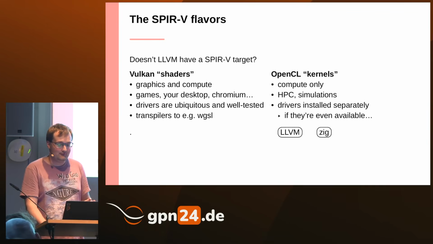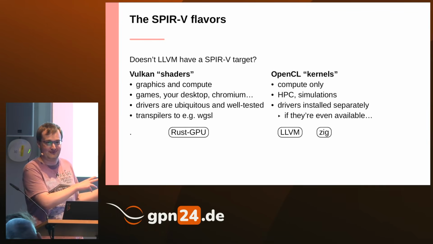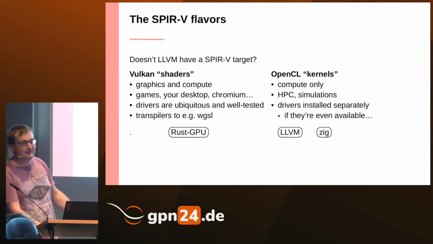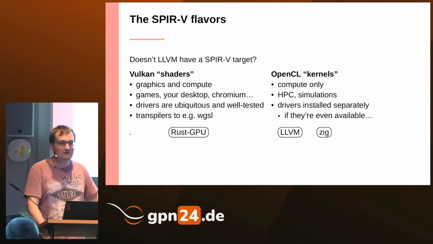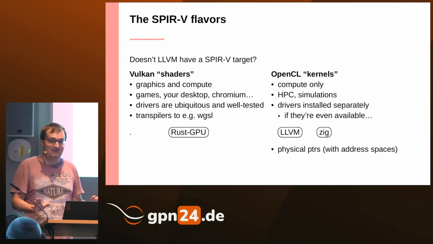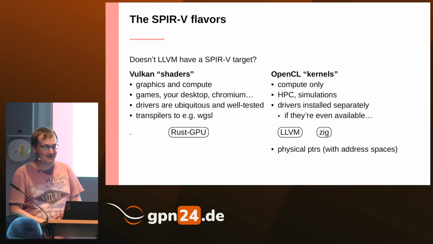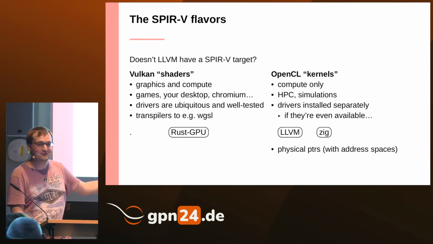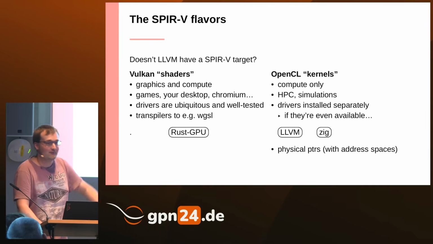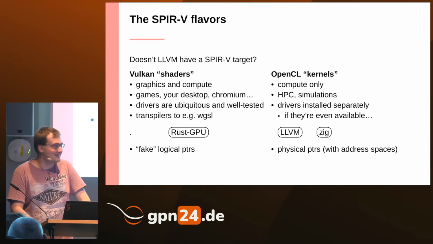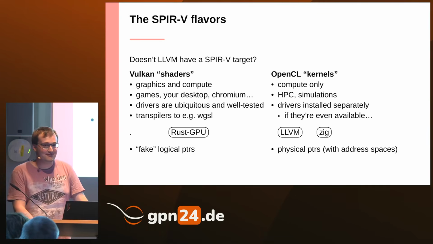What we try to do is target Vulkan shaders, which is quite a bit different. Now you may ask, why is LLVM doing this silly thing and targeting OpenCL kernels, not just shaders? Well, there's a really simple reason for it. They get physical pointers, with address spaces, which is a whole other mess that Rust also doesn't expose to the user, so that's not a great option for us. Whereas in Vulkan shaders, you get fake logical pointers, which are a way bigger mess to deal with and way more annoying.